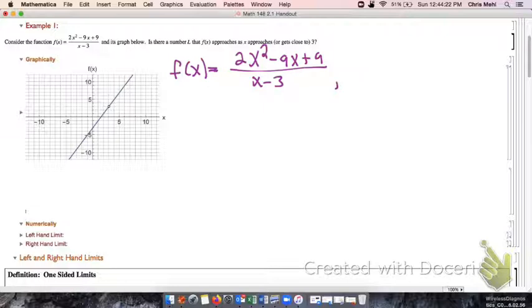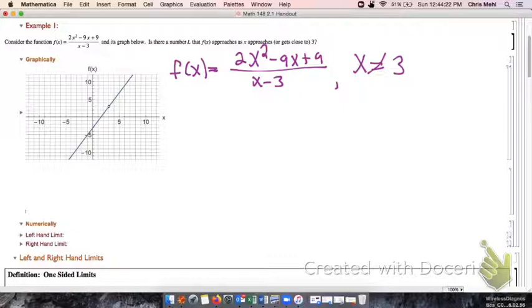Now, what you'll notice here is that x cannot equal 3. Basically what I'm going to be doing right now is finding the domain. The domain is the set of all x values so that the output is a real number. In a quotient of polynomials, 2x squared minus 9x plus 9, whose domain is all real numbers, over x minus 3, also a polynomial, the domain of this function is every x value except for ones that make the denominator 0, which only happens at 3.